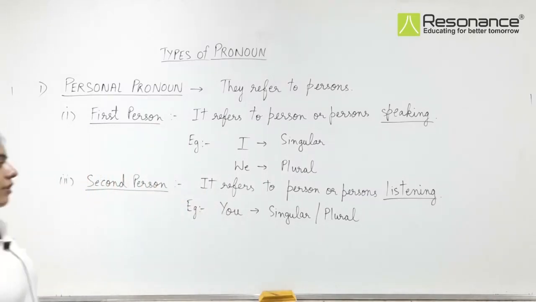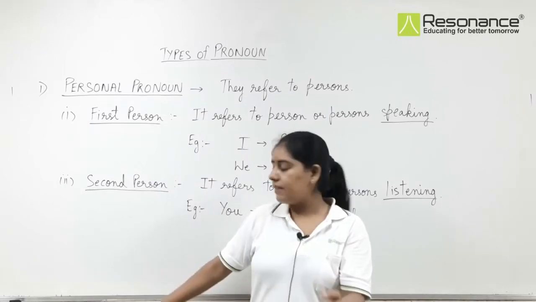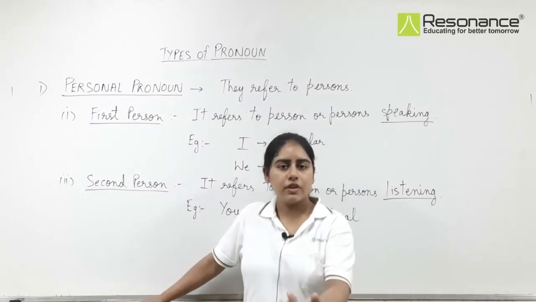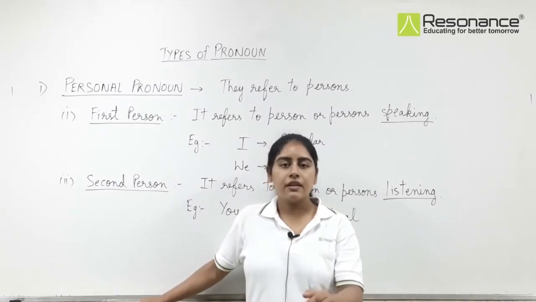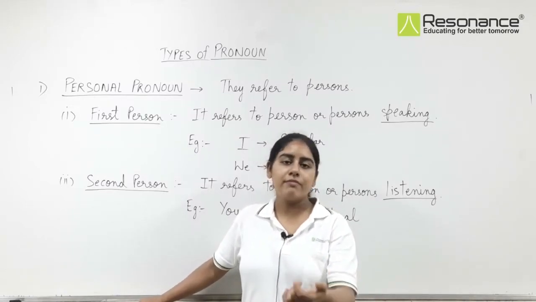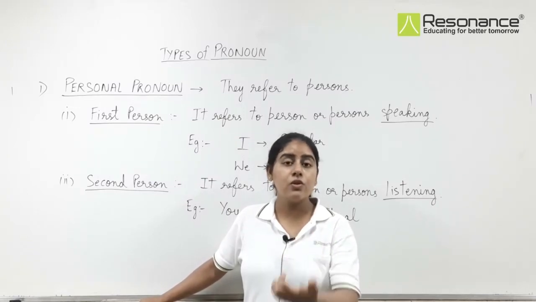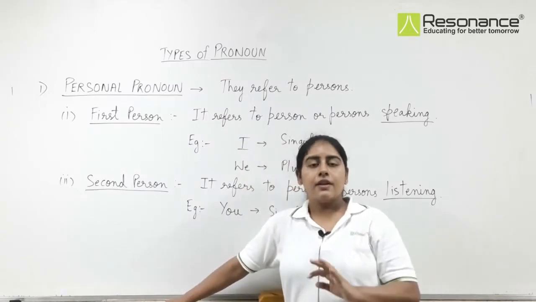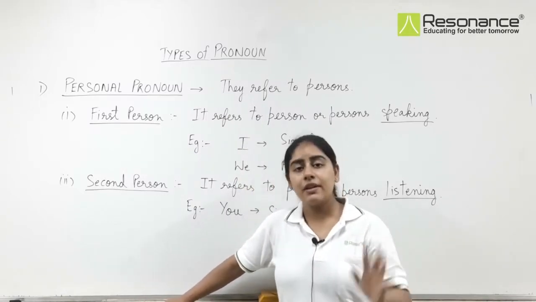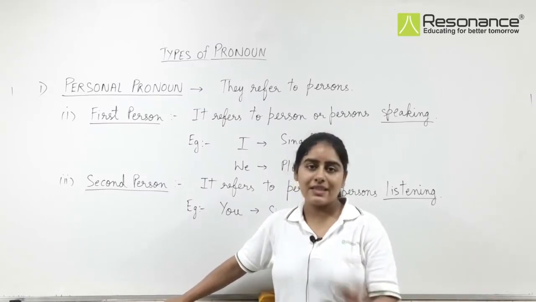Fine. For example, if I am talking to one student of the class, for example, I am talking to Aditi. Fine. So I will say, Aditi, you have to give the answer to my question. Okay, I used you over here. Now suppose I am not talking to Aditi, but I am talking to all of you. Now I am addressing all of you.